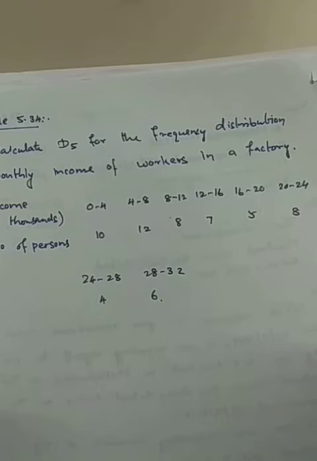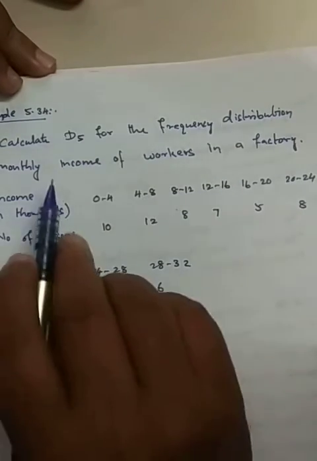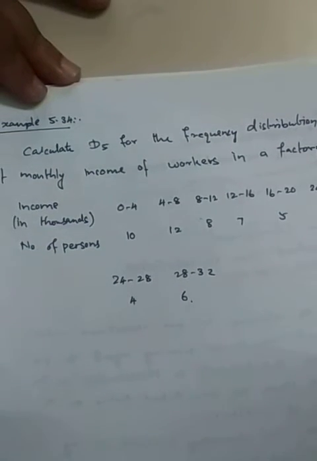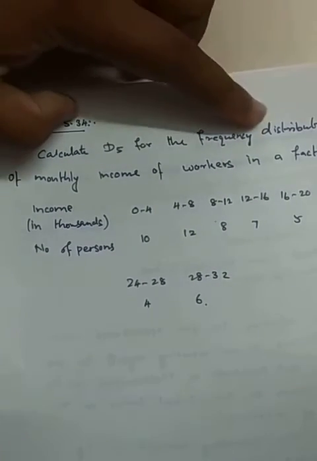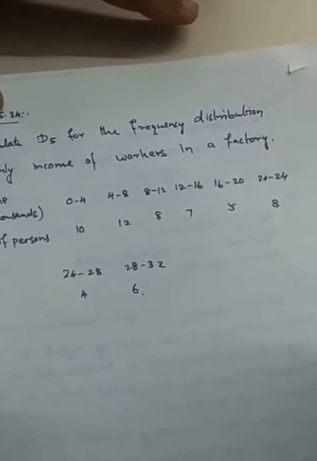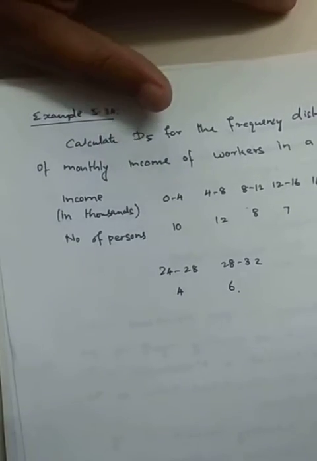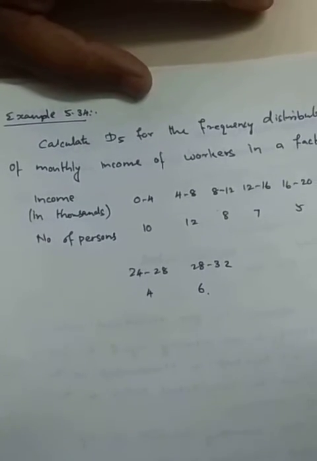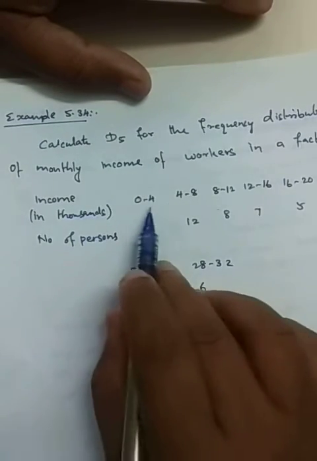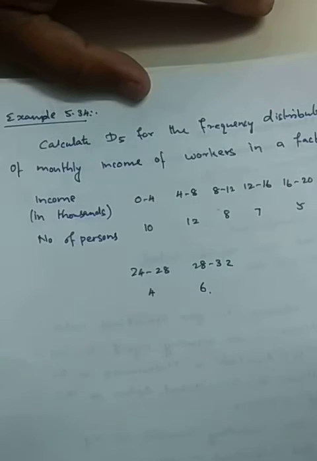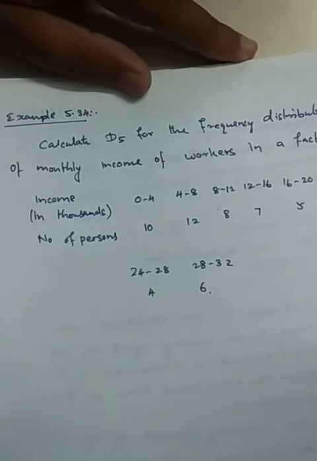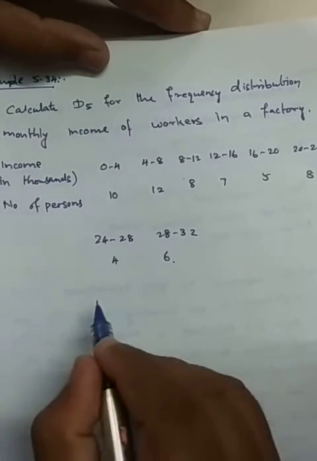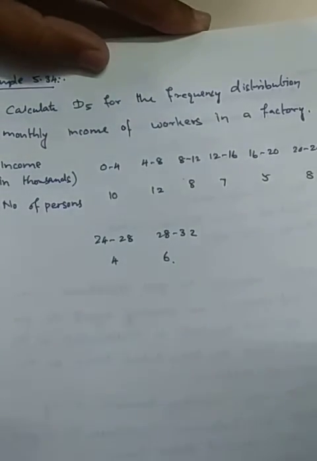I have already written the question. They are asking: calculate D9 for the following frequency distribution of monthly income of workers in a factory. Income in 1000s is 0 to 4 and so on, with the number of persons. Now it's grouped data of continuous type, so I will frame a tabular column.